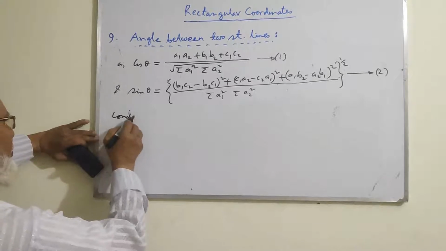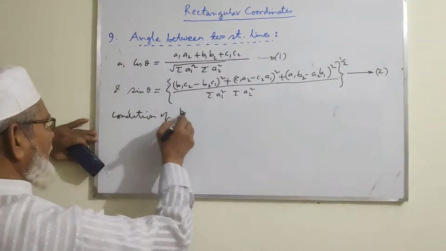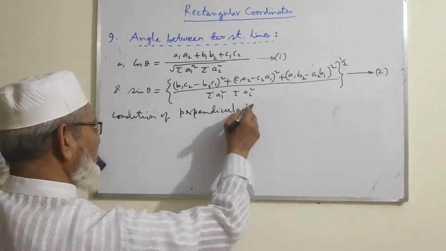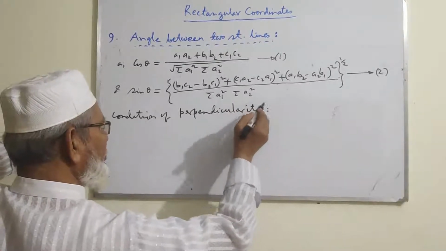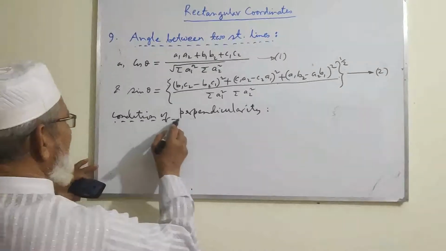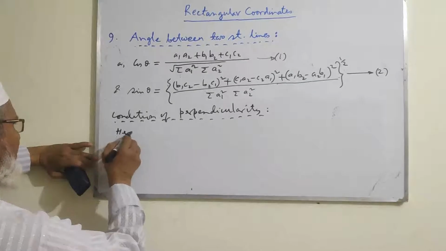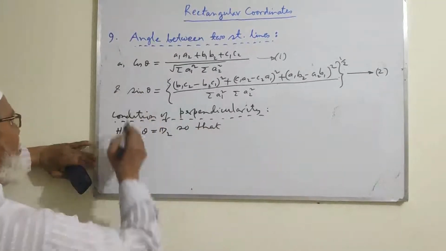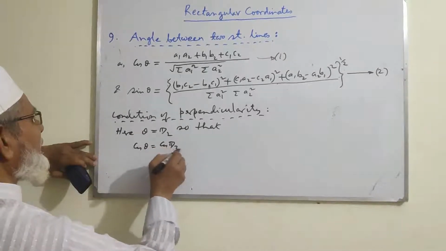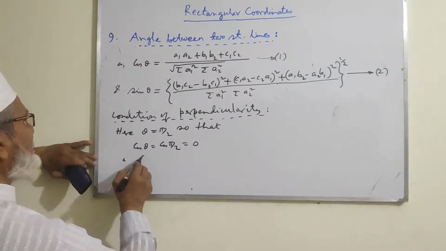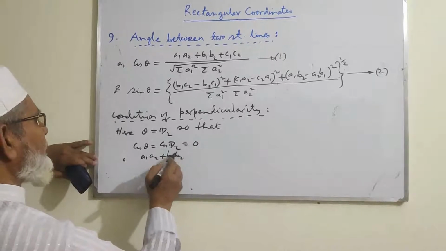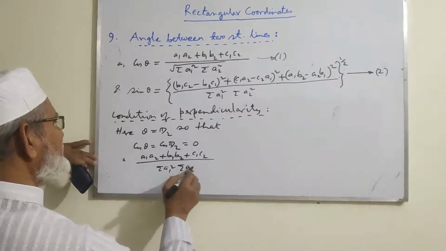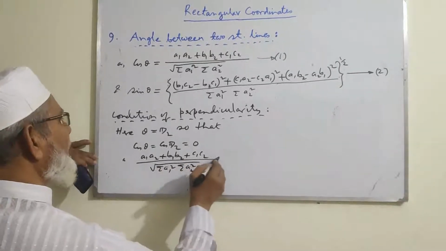Condition of perpendicularity: theta is 90 degrees, pi by 2, so that cos theta is cos pi by 2 equal to 0, or a1 a2 plus b1 b2 plus c1 c2 by summation a1 square summation a2 square to the half equal to 0.